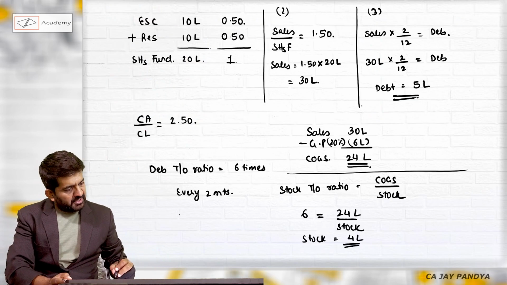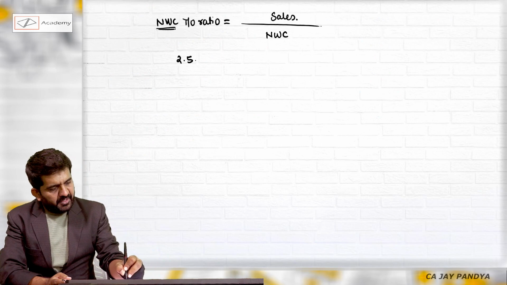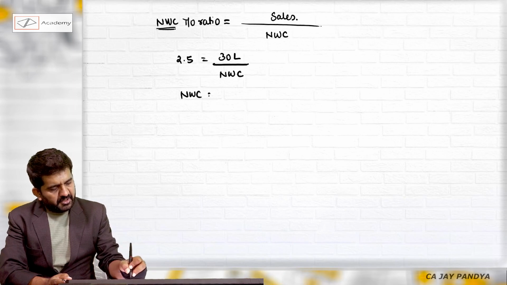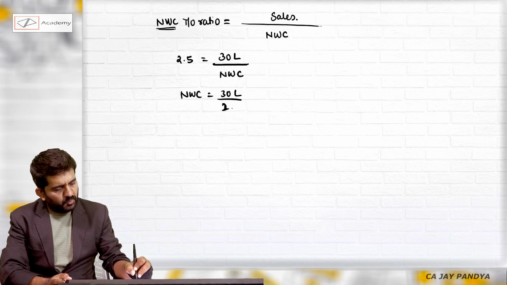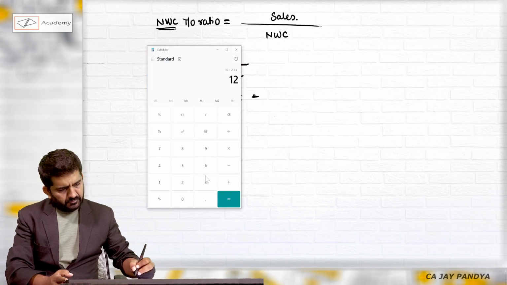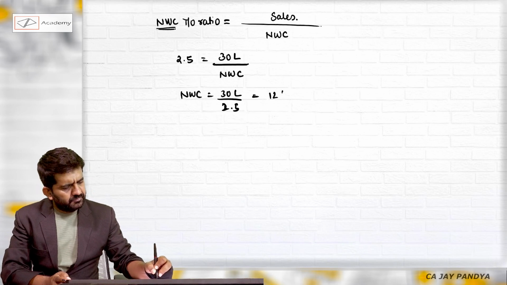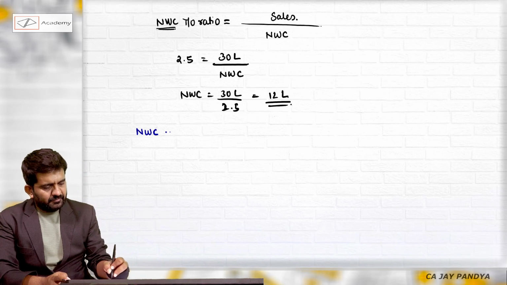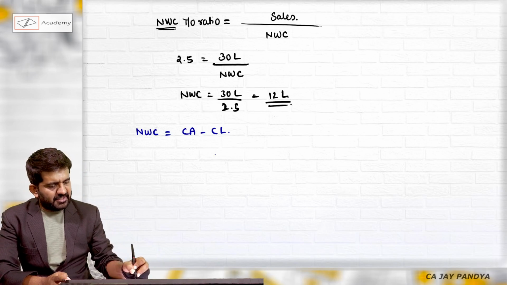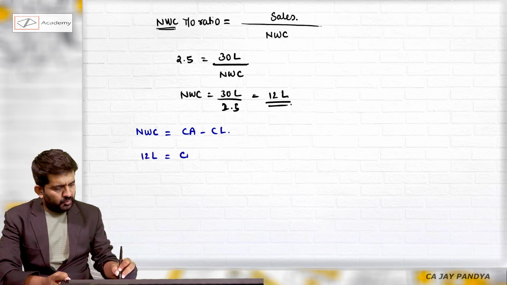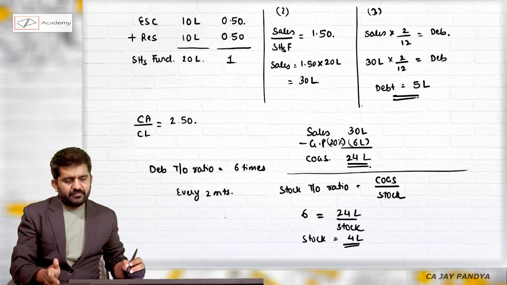So net working capital turnover ratio is 2.5, sales is 30 lakhs. I'll be getting answer of net working capital. Net working capital is 30 lakhs divided by 2.5, which will be 12 lakhs. What is net working capital? Current assets minus current liability. 12 lakh is equal to current assets minus current liability.